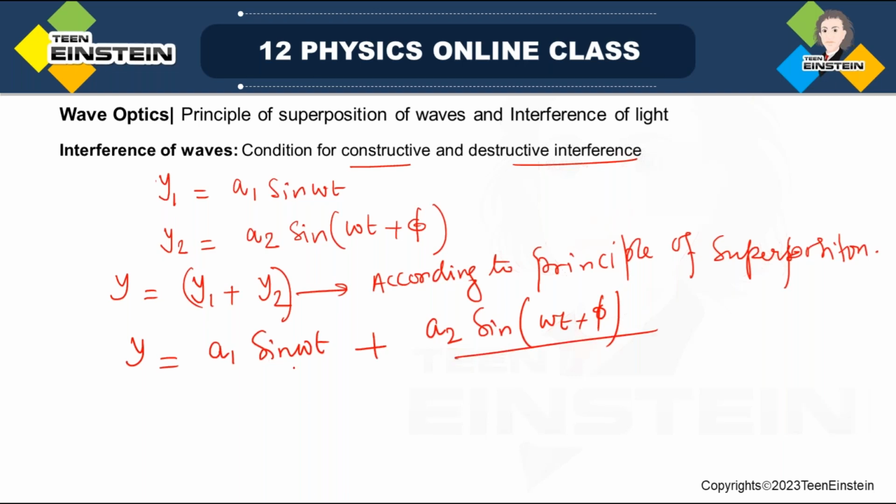We can use a trigonometric identity: sine (a plus b) equals sine a cos b plus cos a sine b.